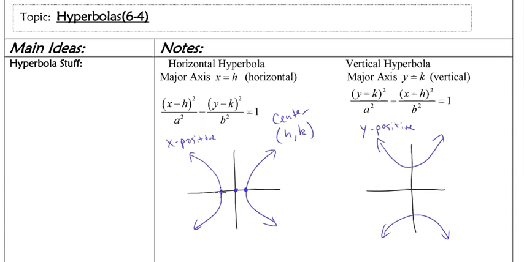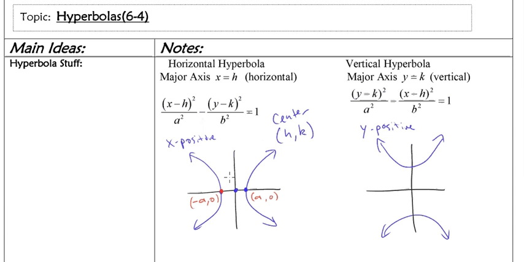It's just going to be a and b added to and subtracted from the center. Since our center is at (0, 0), our vertex right here would be at 0 minus a, so negative a, comma 0. Over here would be 0 plus a, so positive a, comma 0.